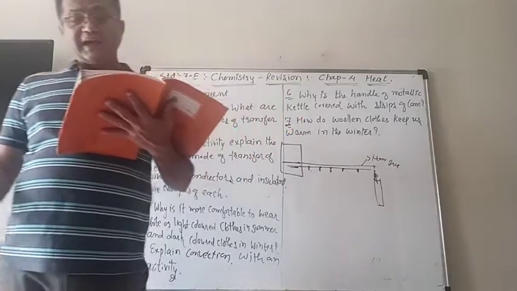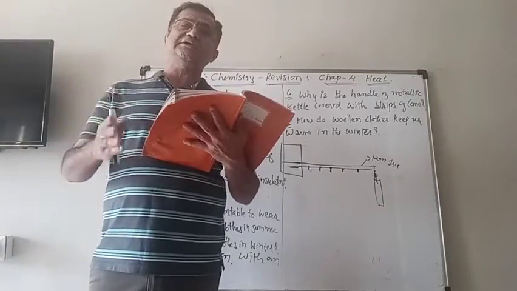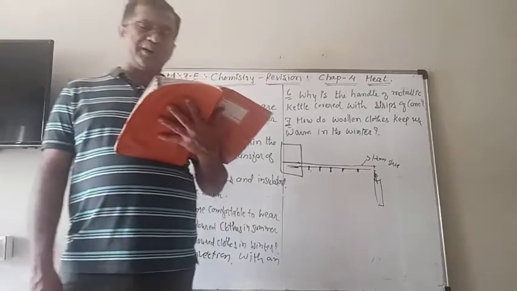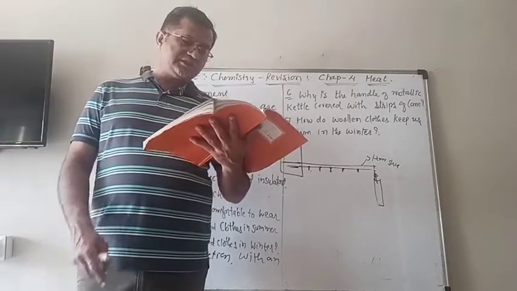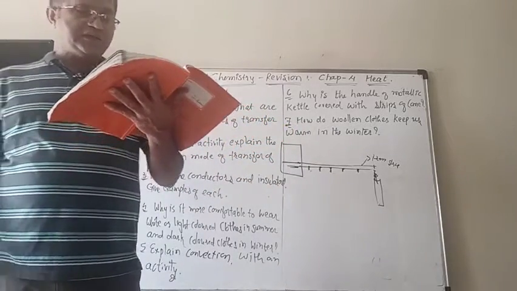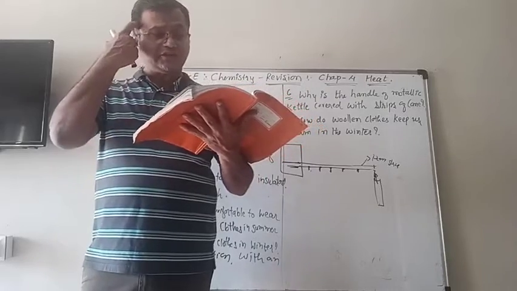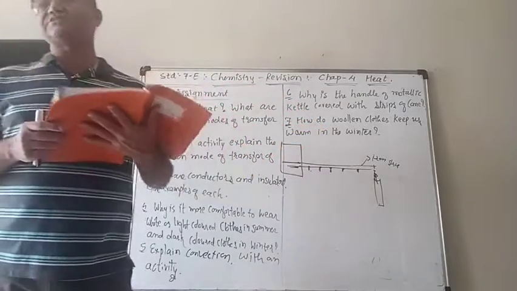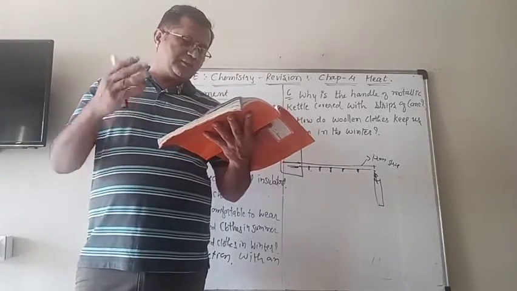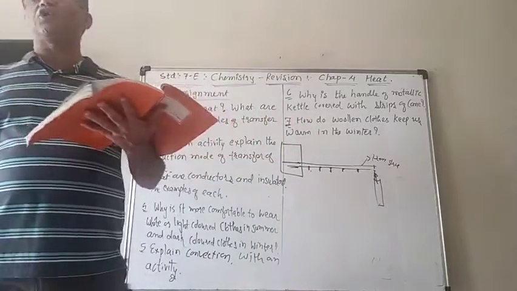Water and air are also poor conductors of heat. They also do not pass the heat by the method of conduction. They don't allow the heat to pass through them, and therefore they are not good conductors. So they are insulators. You can also do an activity. You can take different materials and hold them one by one in the flame and check whether their other end is also getting hot or not.